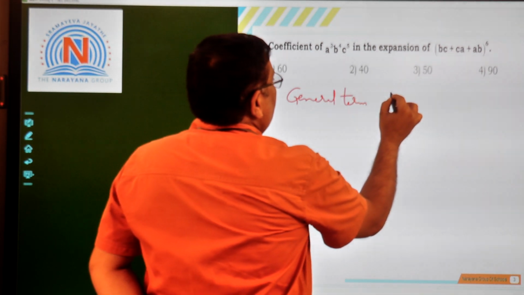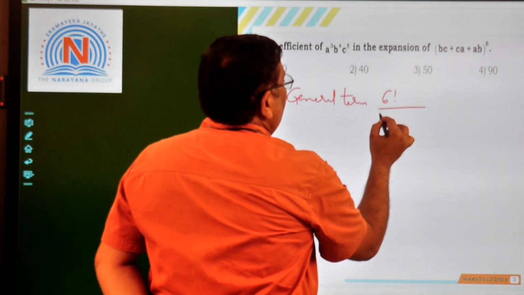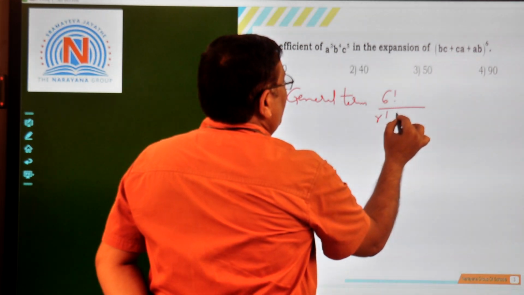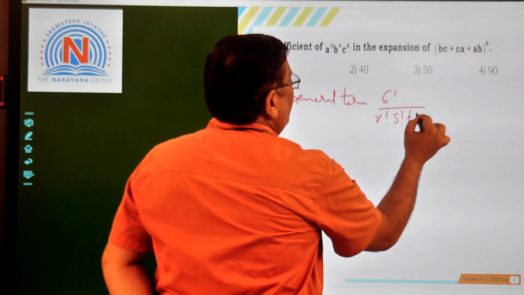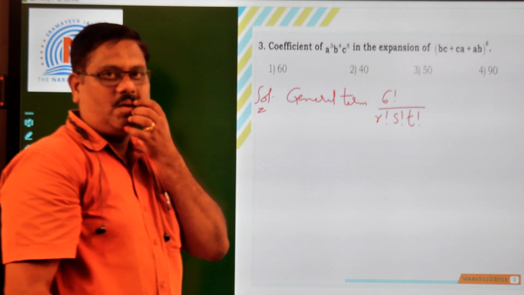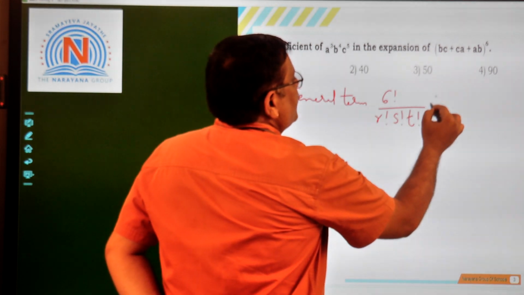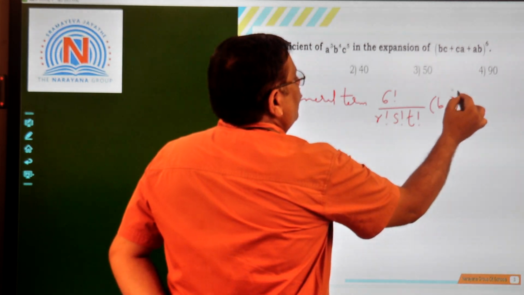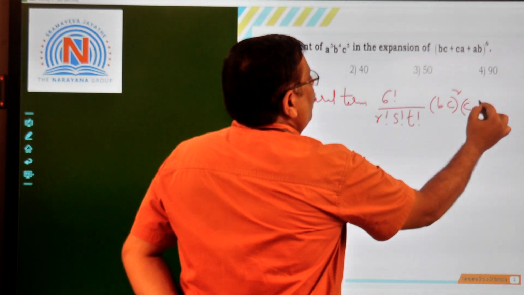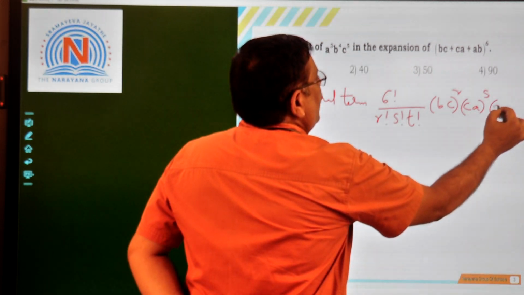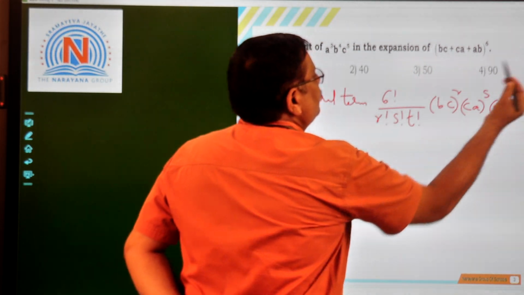that is 6 factorial by, this time let us take r factorial, s factorial, t factorial, because a, b, c are already involved in the question. So let us take r, s, t into (bc) to the power of r, (ca) to the power of s, (ab) to the power of t.